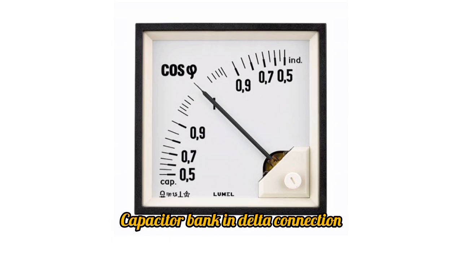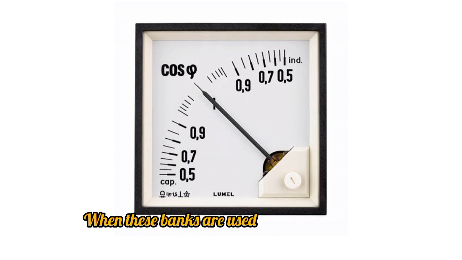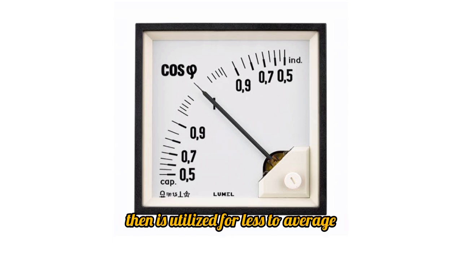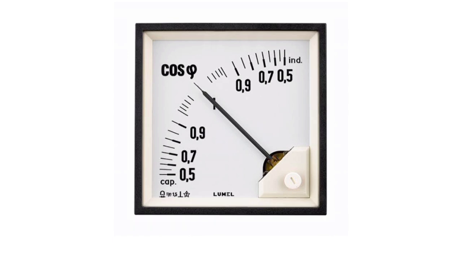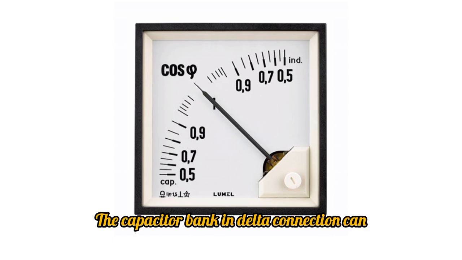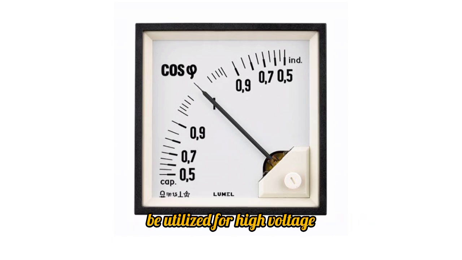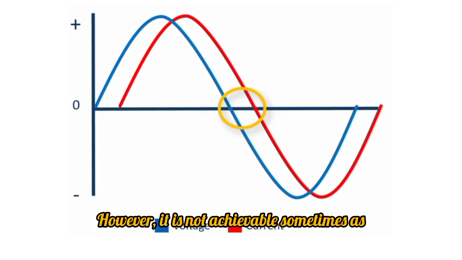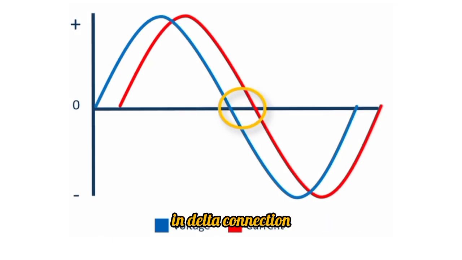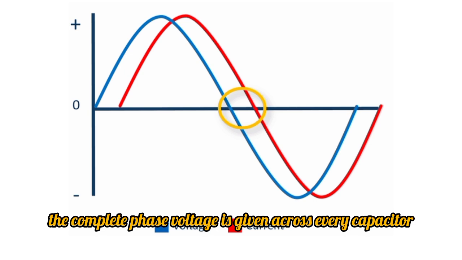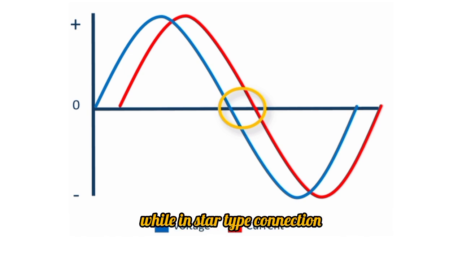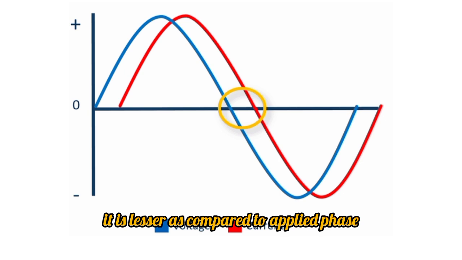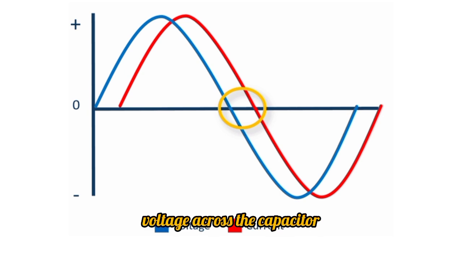Capacitor bank in delta connection. When these banks are used in delta connection, they are utilized for low to average voltage. The capacitor bank in delta connection can be utilized for high voltage, however it is sometimes not achievable, because in delta connection the complete phase voltage is given across every capacitor, while in star connection it is lesser as compared to the applied phase voltage across the capacitor.